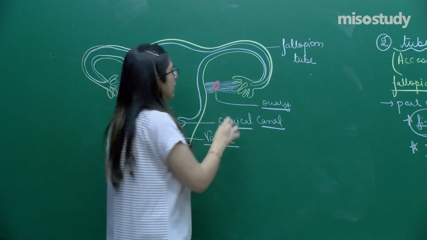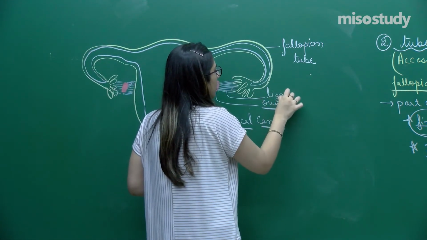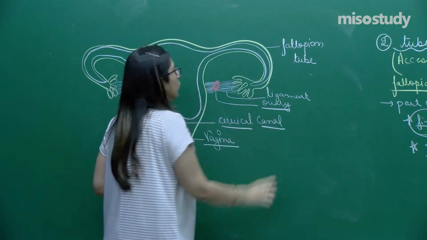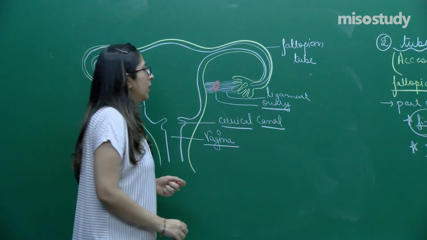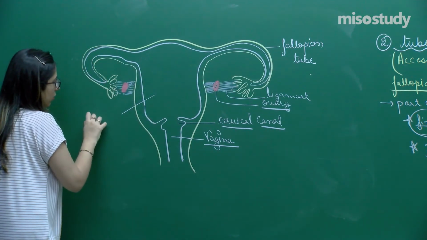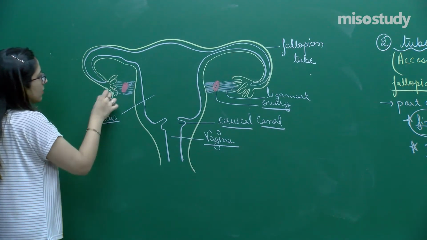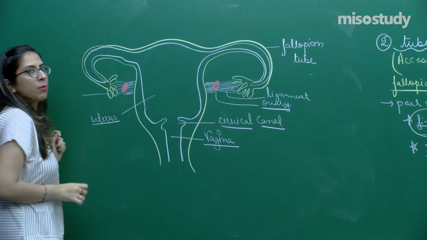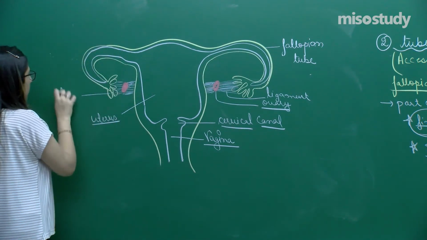Similarly, there are certain ligaments present which help in attachment of ovary to uterus as well as to pelvic wall. Now, this pear-shaped structure is called as a uterus. Similarly, this region, a finger-like projection you can see, and they are called as a fimbriae.